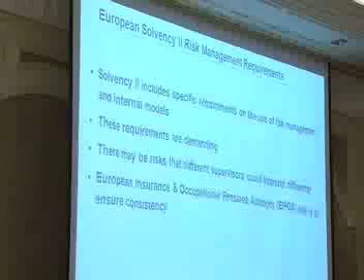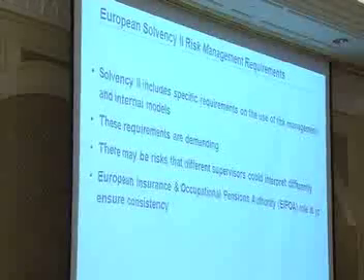So the regulators across Europe are expecting companies to set up risk models. And these requirements are demanding. Of course, there could be different risks that supervisors can interpret differently, but there is a coordinating body. The European Insurance and Occupational Pensions Authority is there to ensure consistency in the model application across the European insurance market.